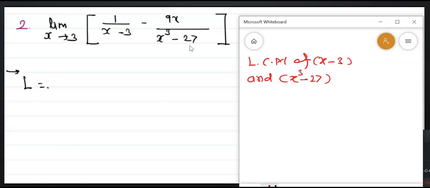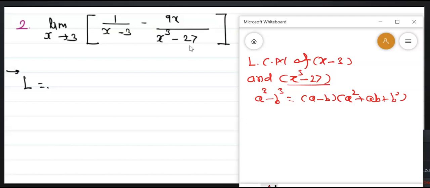Then what are the factors? That is a cube minus b cube is equals to a minus b in the first bracket, a square plus ab plus b square.